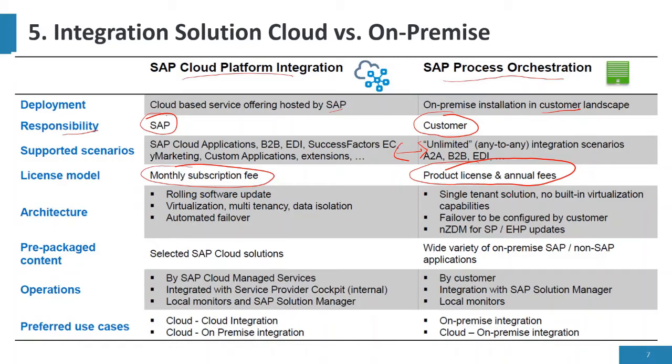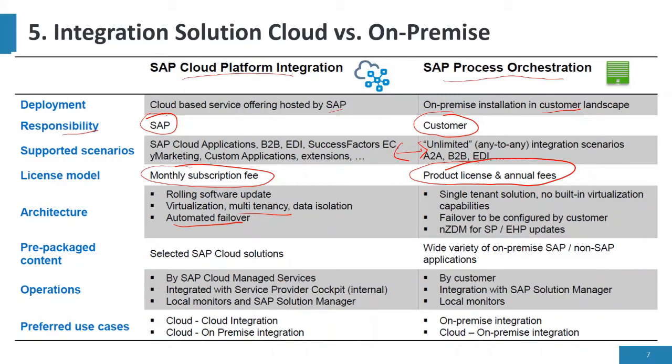To have better data processing ability, you have multi-tenancy. You can increase it as per your requirement. And it says that failover is automated. The reason is it has been built by SAP, it is in the cloud, and it is managed by SAP.